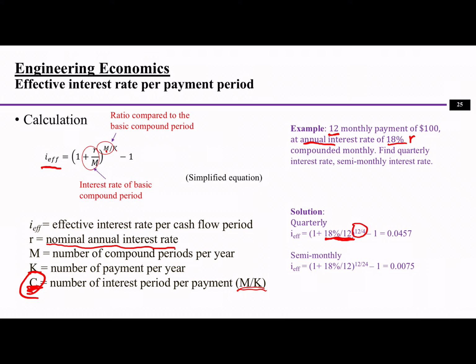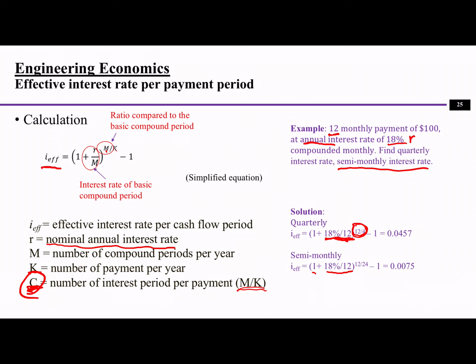Here we get a basic period interest using the nominal rate divided by the number of compounded periods, and then this is the ratio of how many times the basic period. It's 3 times the basic period. From this, I think it's easier to understand this equation.